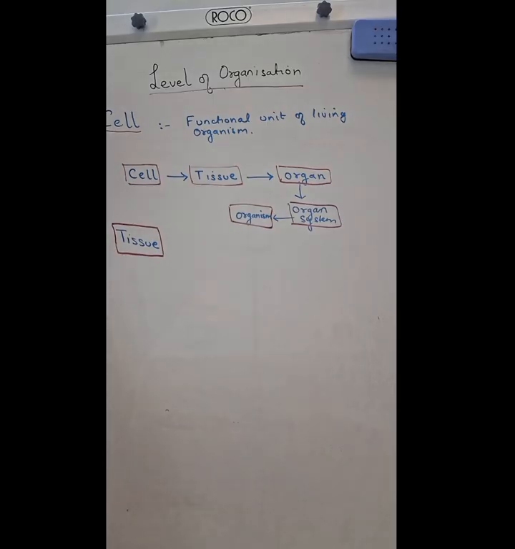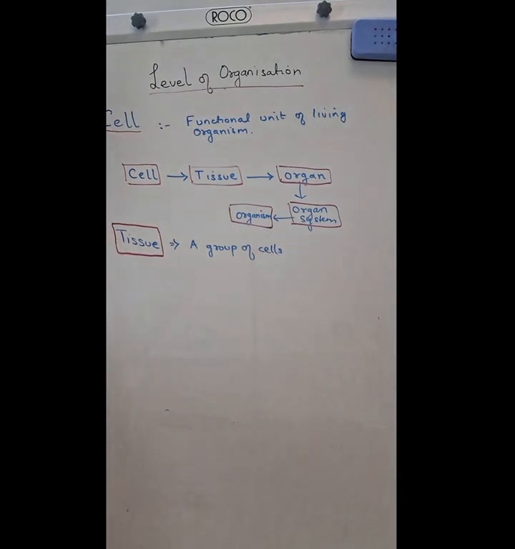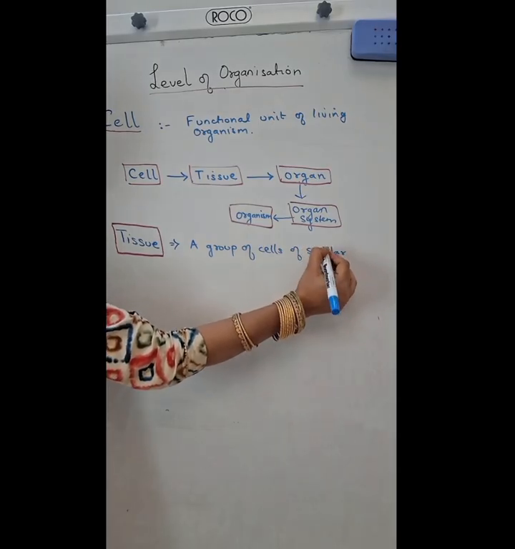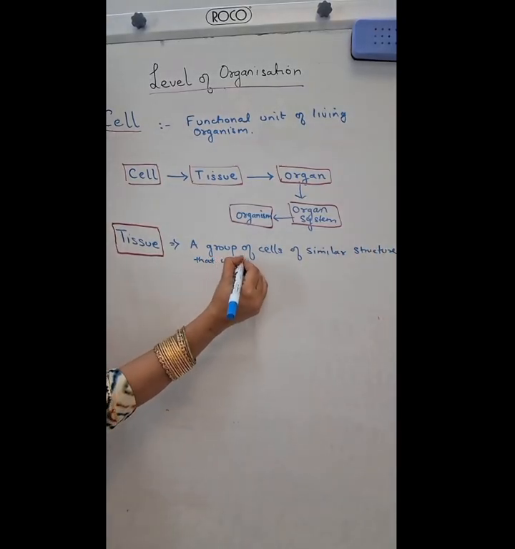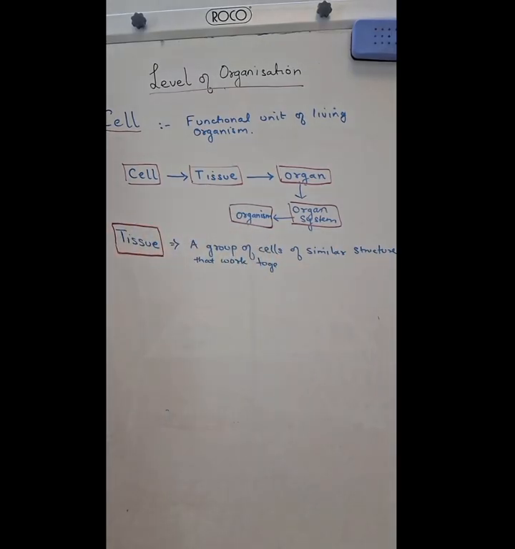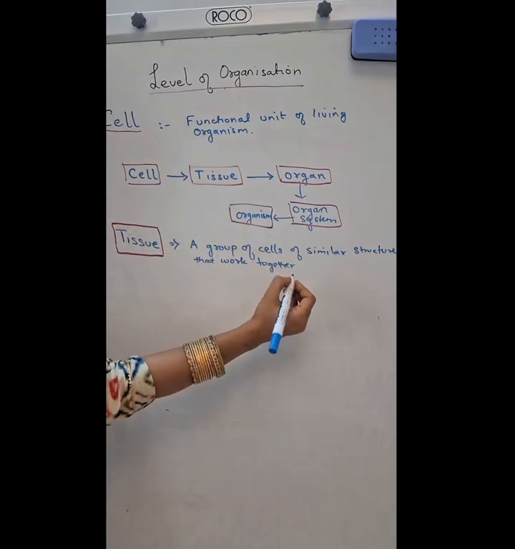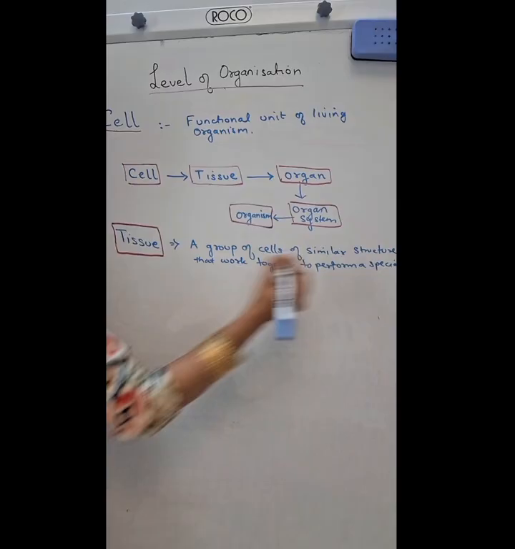Now we will define tissue. What is tissue? Tissue: a group of cells of similar structure that work together to perform a special function.